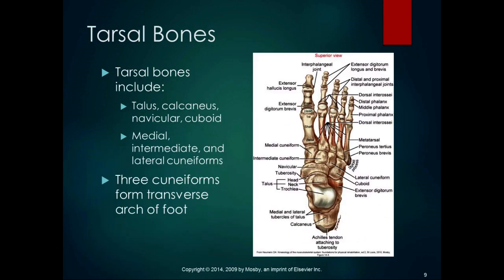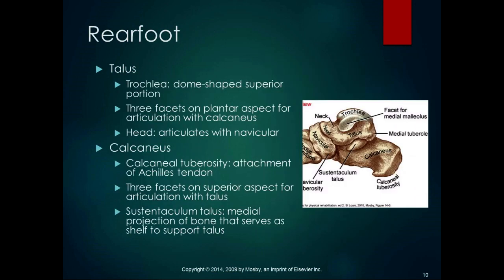The tarsals are the bigger, chunkier ones that are more proximal in the foot. They include the talus, calcaneus, navicular, and cuboid, and the medial, intermediate, and lateral cuneiforms. The three cuneiforms form the transverse arch of the foot. So the rear foot is the talus and calcaneus.